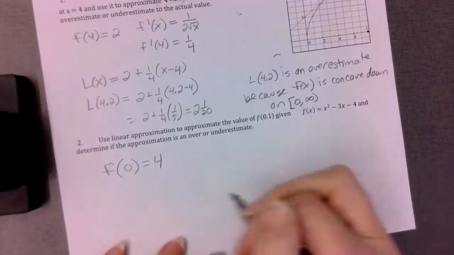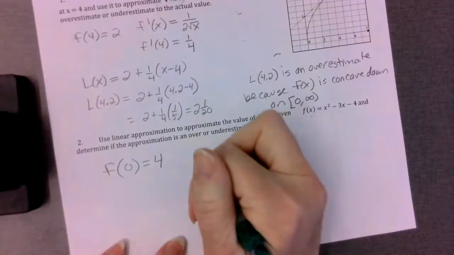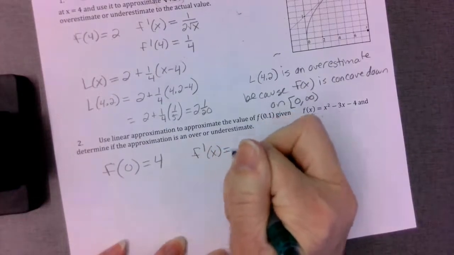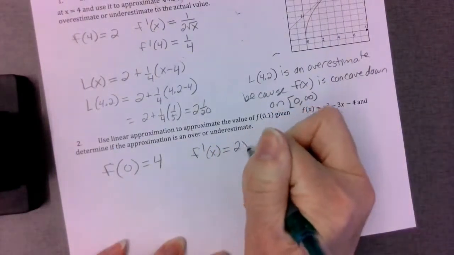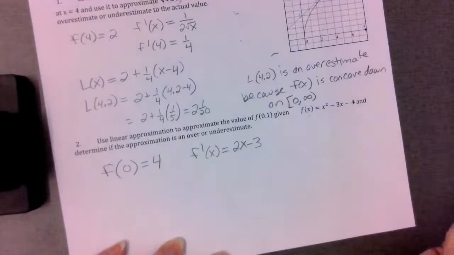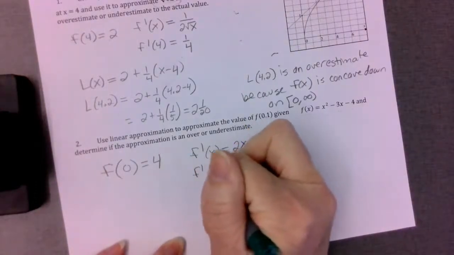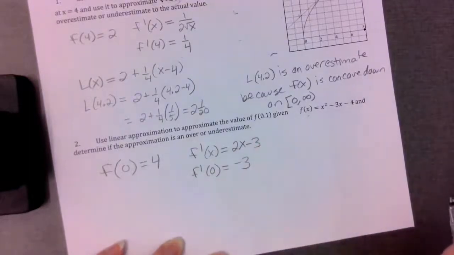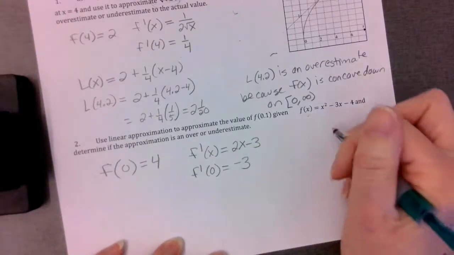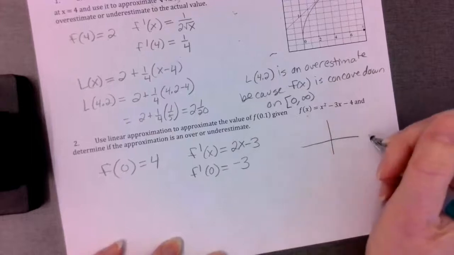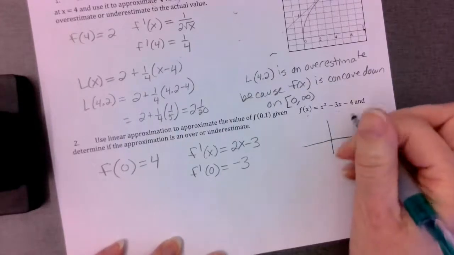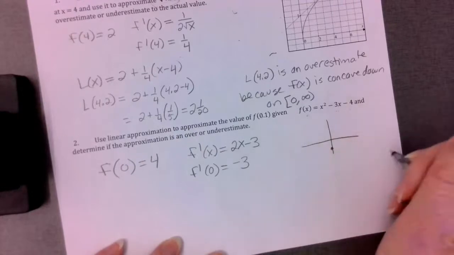And then I'm going to say f prime of x. I'm going to find the derivative first, which is 2x minus 3. Then I'm going to find the slope at 0, which is negative 3. Well, if I'm looking at this quadratic, x squared means it opens up. It's got a y-intercept of negative 4.